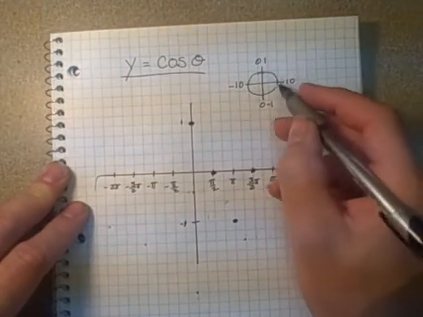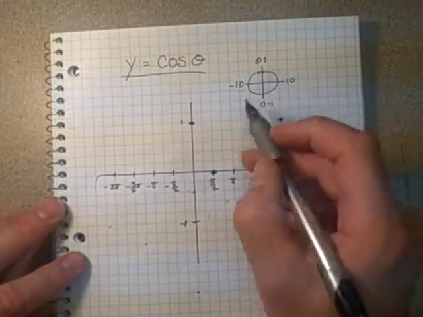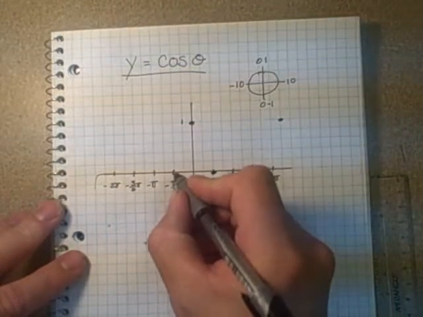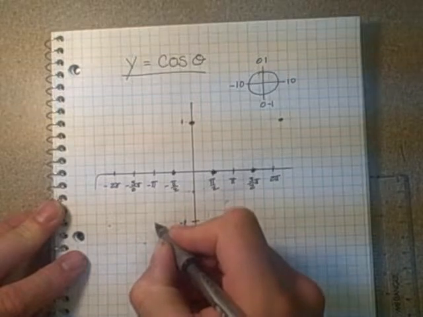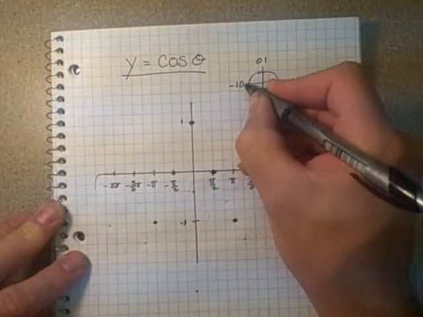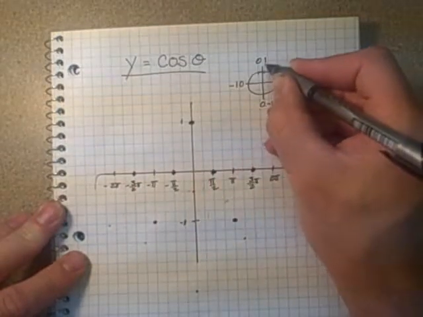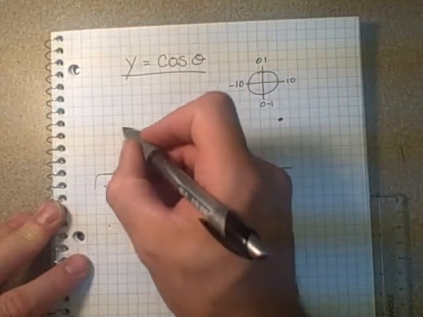Now as we go backwards around, the opposite thing occurs. So as we go backwards around here, it's 0 first. Then down to negative 1. Pardon me, not up to, down to. Then up to 0 again. And then finally back to 1 up here.